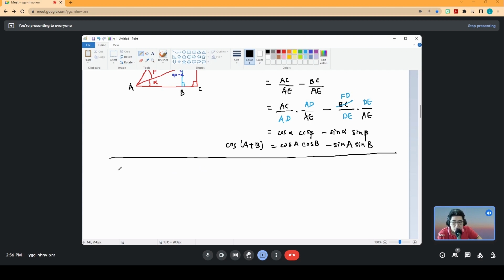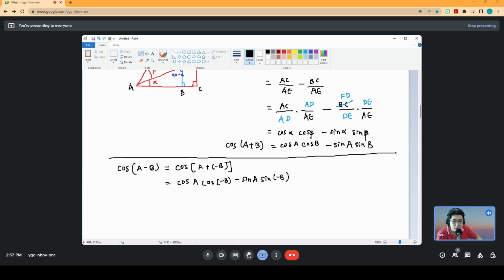So cos of A minus B, I can read it as cos of A plus negative B. Then I will have cos A cos of negative B, minus sine A sine of negative B.